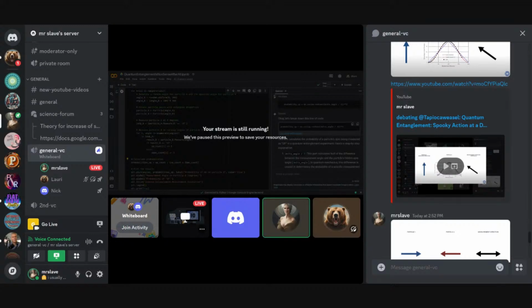Where are we plotting the data? Where's the data? Where's the plot of the data? Where are we plotting the data? I don't get it. Angles.